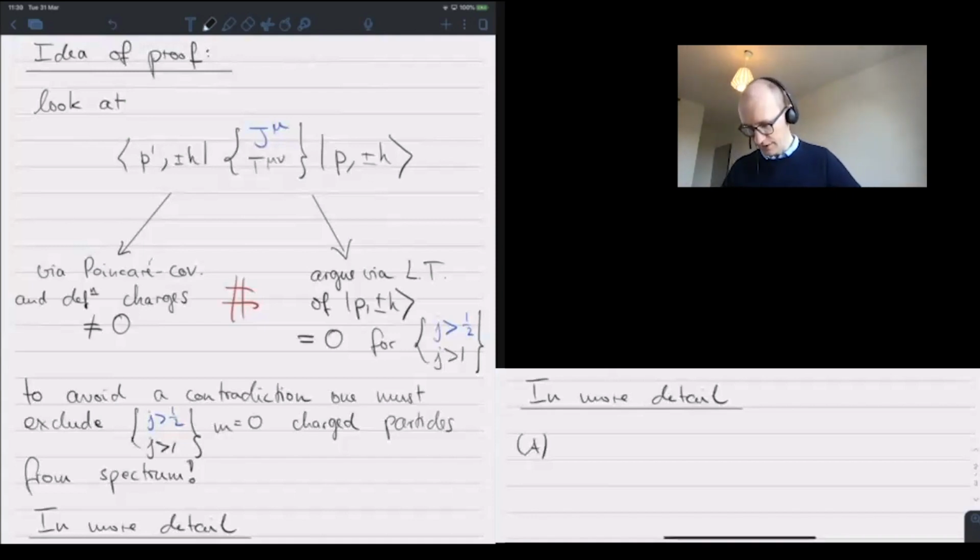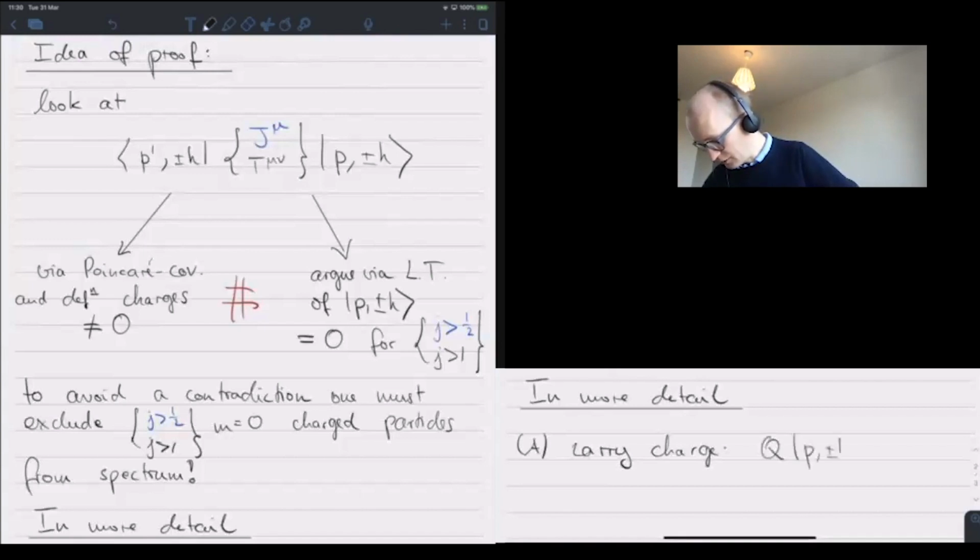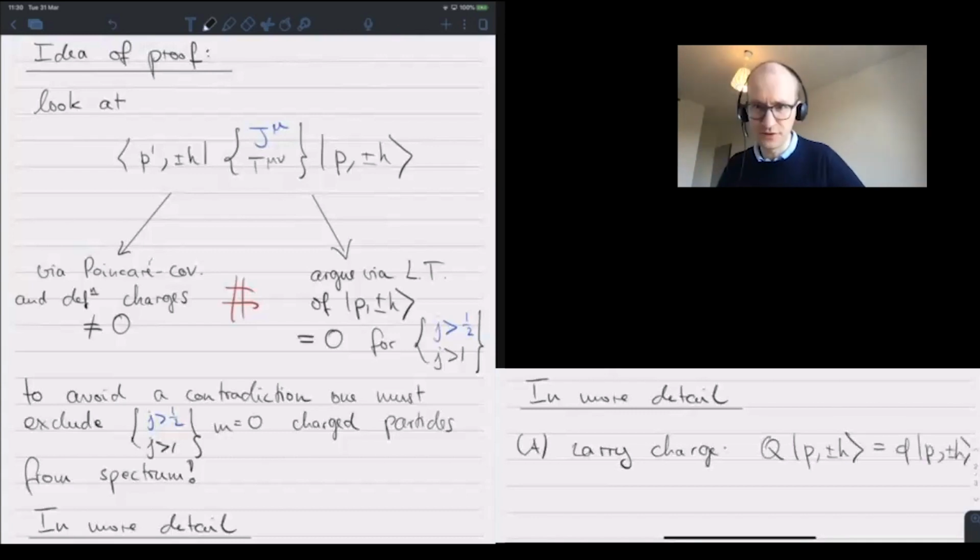So what does it mean to carry charge? Well, one way of saying it: we carry charge if we act with the charge operator onto a state P plus or minus H, and obviously I'm suppressing the label, what is my charge, and I get Q P plus or minus H. So here Q now is really the charge, not some momentum 4-vector whose indices I'm suppressing.